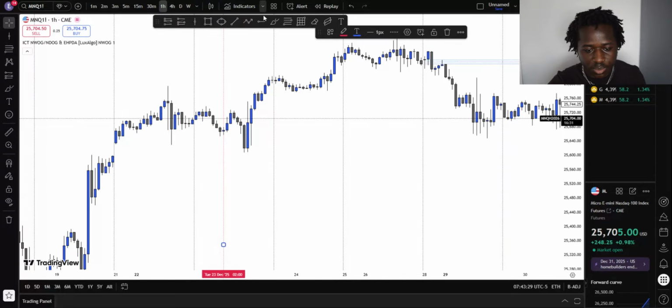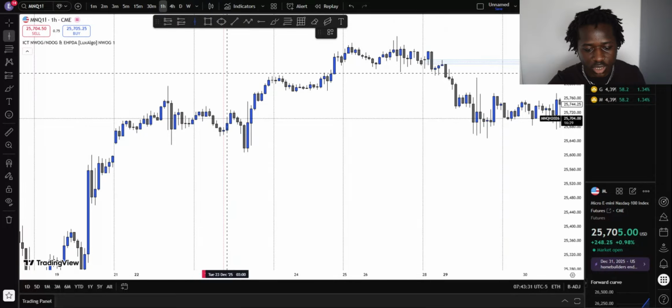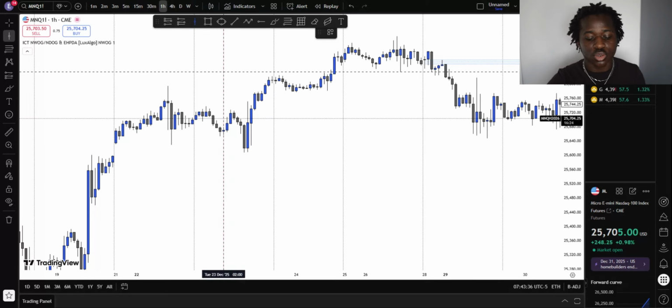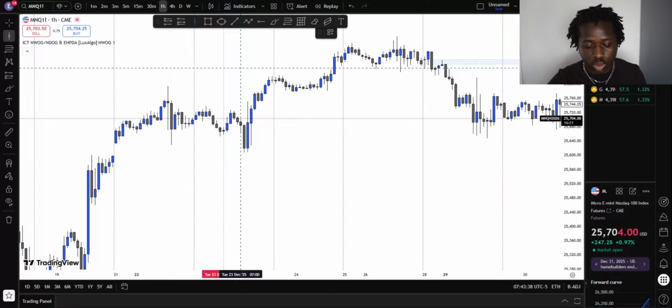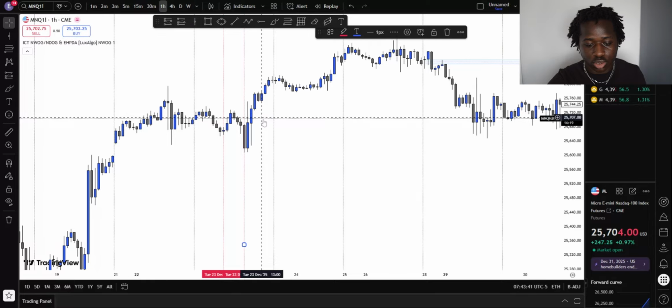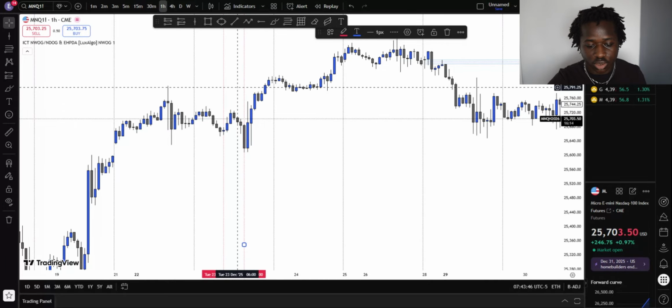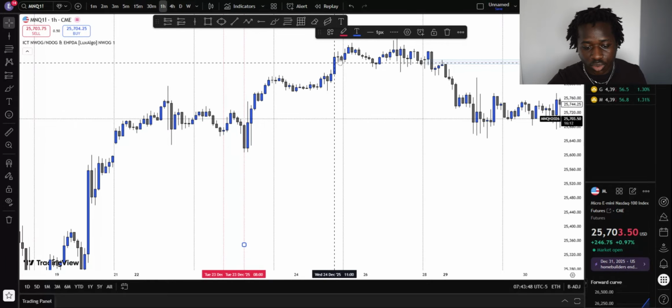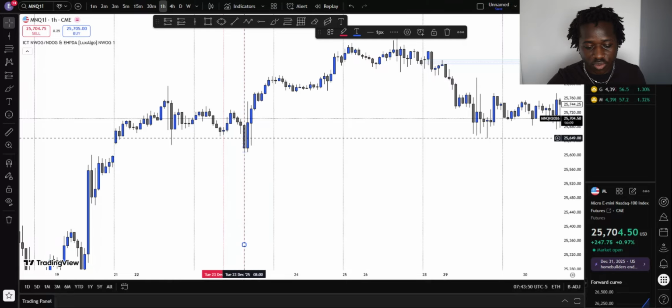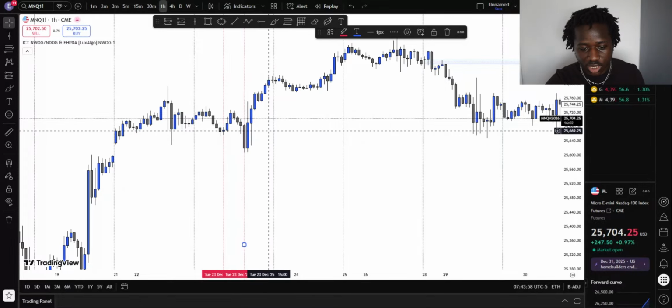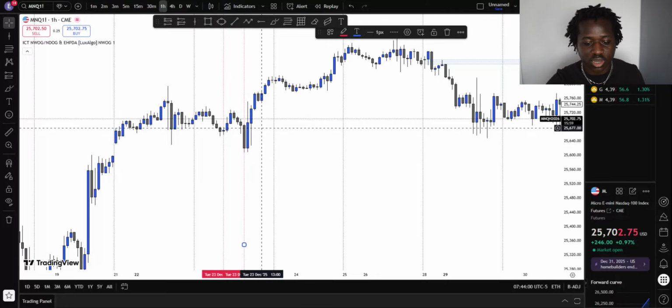After this red dotted line, from 2 a.m. New York time up until 8 a.m. New York time, this is the London session. From 8 a.m. New York time up until 6 again, this is the New York session, and we have the New York AM session and the New York PM session.